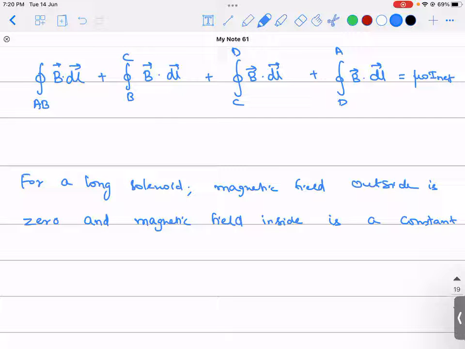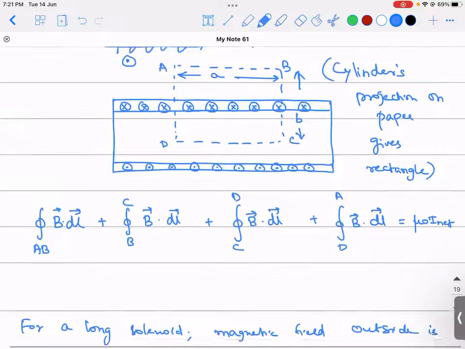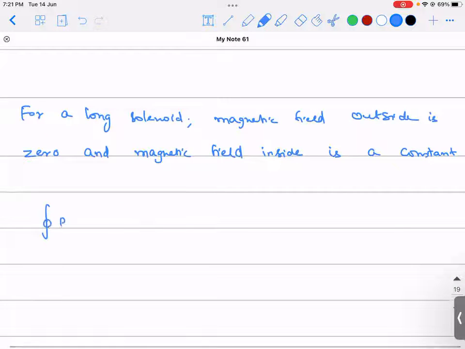Magnetic field outside is 0 and the magnetic field inside is constant. Okay. So when outside is 0, then the line integral of B vector dot dl vector from A to B should be 0.